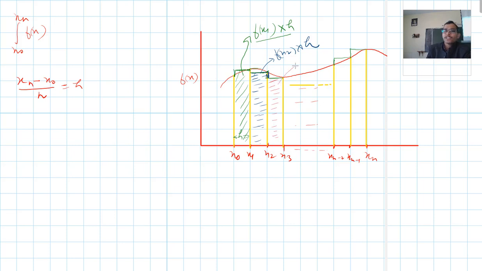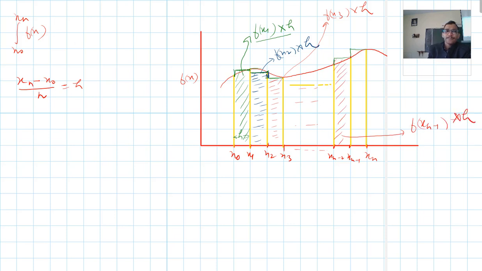What about it? This area is f of x3 into h, and so on. And what is this? It is xn minus 1. So its area will be f of xn minus 1 into h.